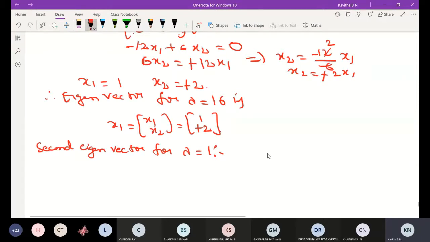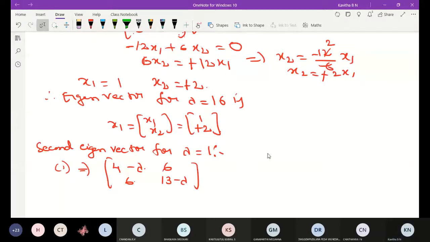Then take down here equation 1 again. Equation 1 is what here? 4 minus lambda, 6, 6, 13 minus lambda, into x1, x2 is equal to 0, 0.